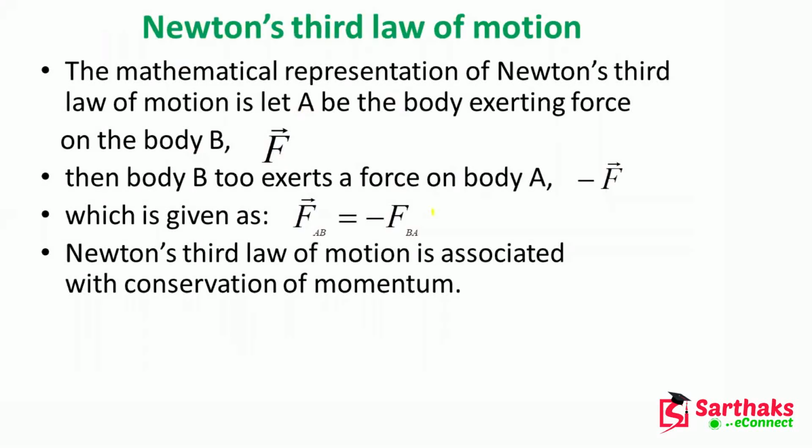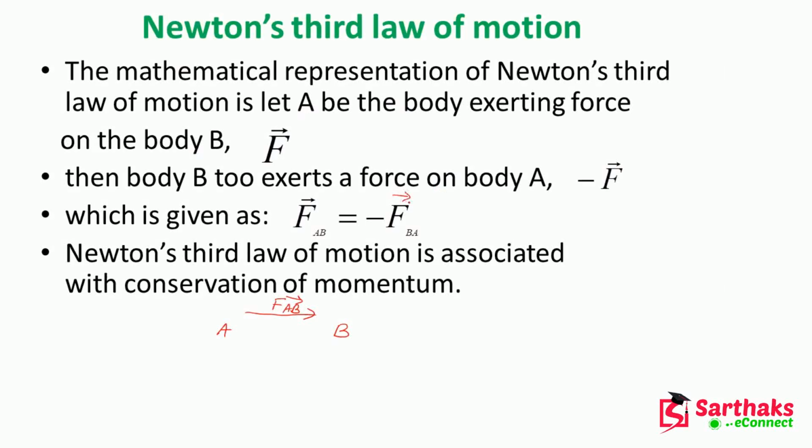So Newton's third law of motion, we can say that if there are two objects, just a minute, I'm taking the pointer pen. So if you have one object A and B here, the force applied from A to B is FAB, and that equals the force that body B applies towards A, and both are in opposite directions.